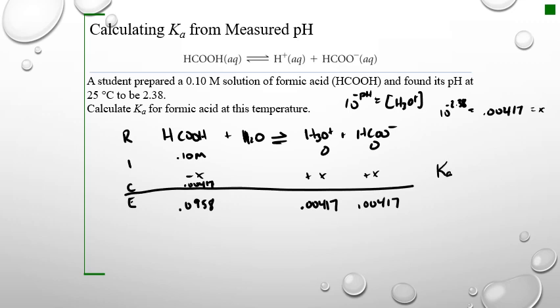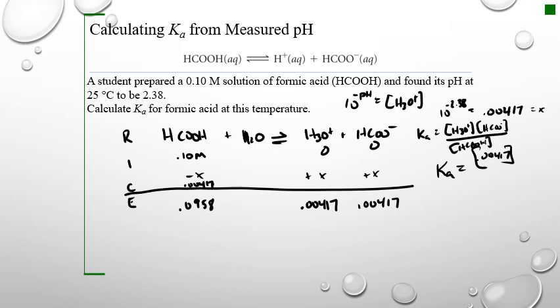So now to solve for Ka, I would take the 0.00417 because that is my H plus. Let me set up the equilibrium expression here real quick. I'd have H3O plus times the HCOO minus all over HCOOH.